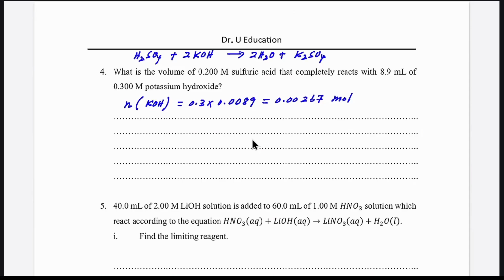So for sulfuric acid, the ratio is 1 to 2, so you need half the amount.